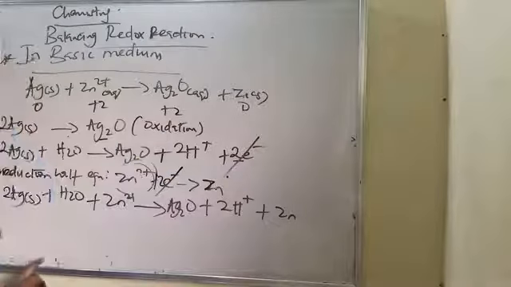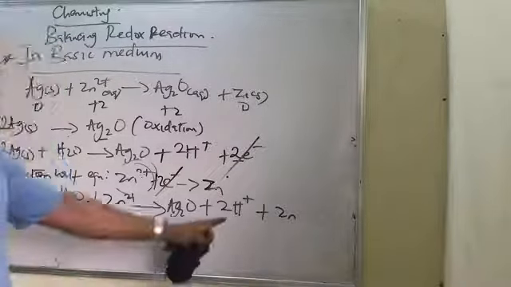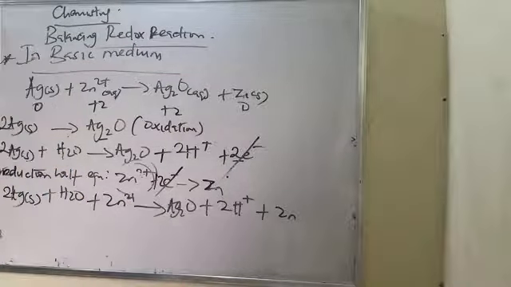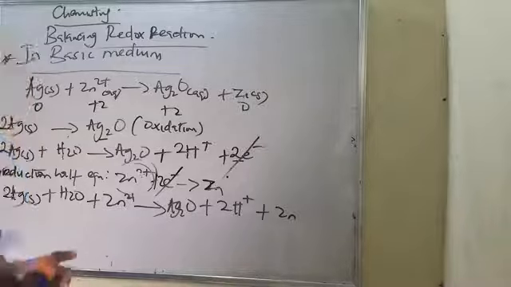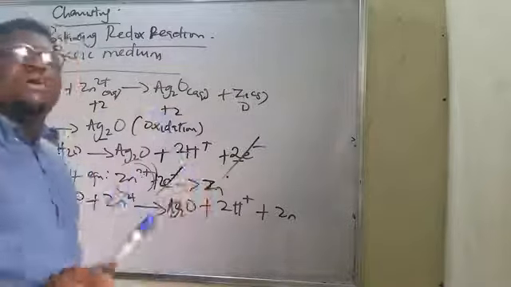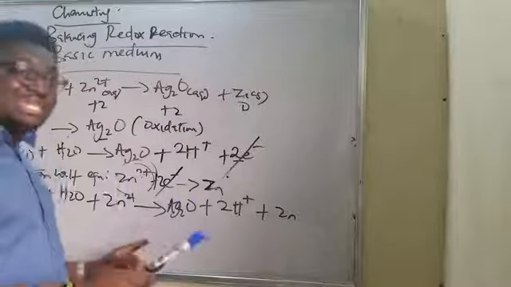Now, this looks like an acidic way of balancing. But for a basic medium, you have to move further. You cannot leave it as your hydrogen ion. So the next step you need to do in basic medium is you add the appropriate number of hydroxyl ions to both sides.